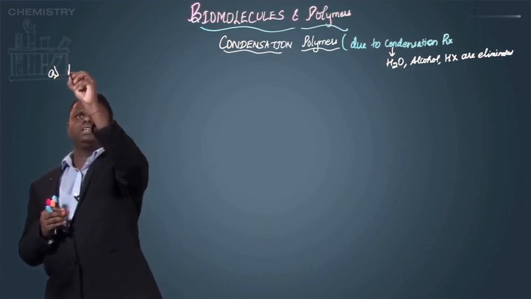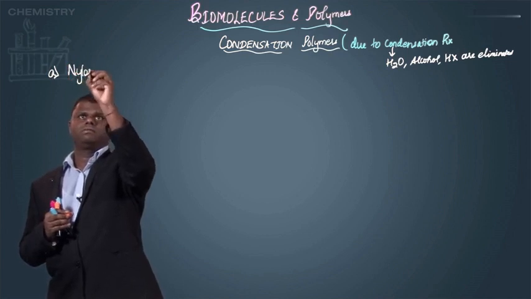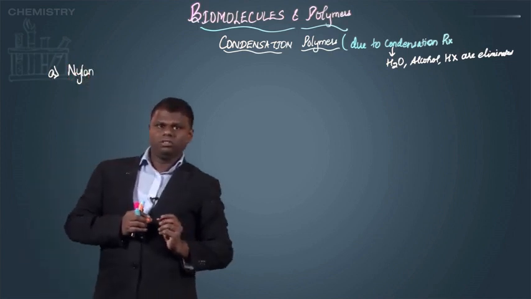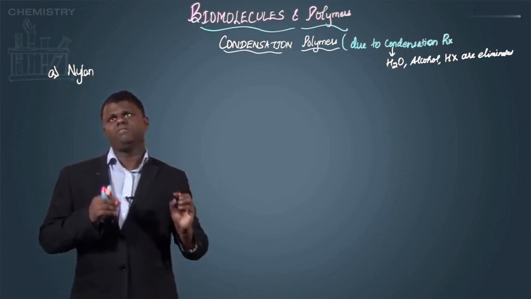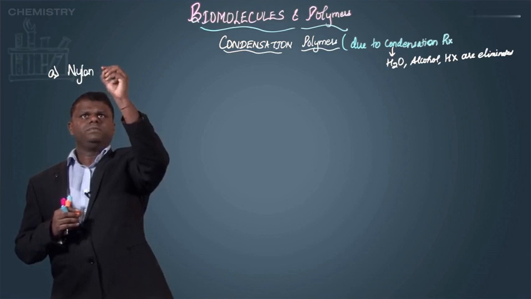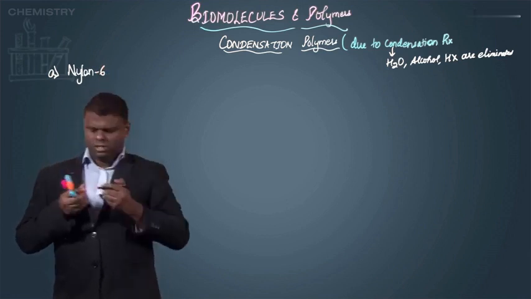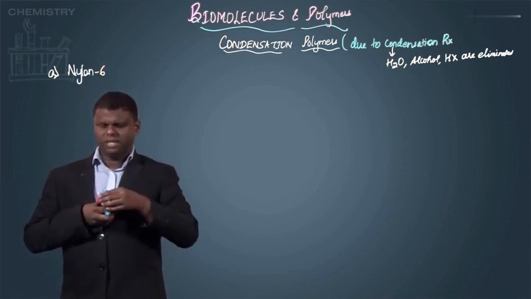something called nylon. In nylons, we are going to study two types. First is nylon 6 and then nylon 66. So I would call it nylon 6. From where do you get this nylon?